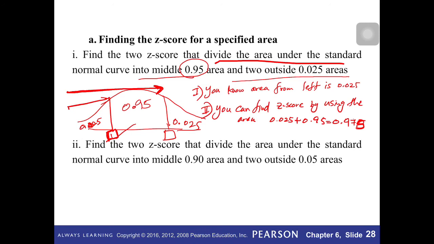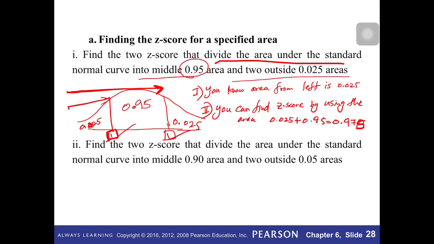By using this value, you can find this z-score. That's the easiest way. I'll explain in future videos, according to the type of problem, how we use these techniques. There are different techniques, so I'll show you that later.